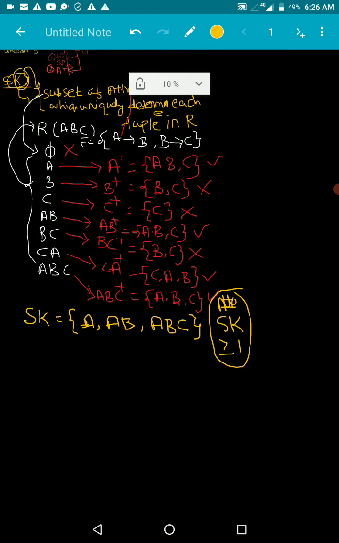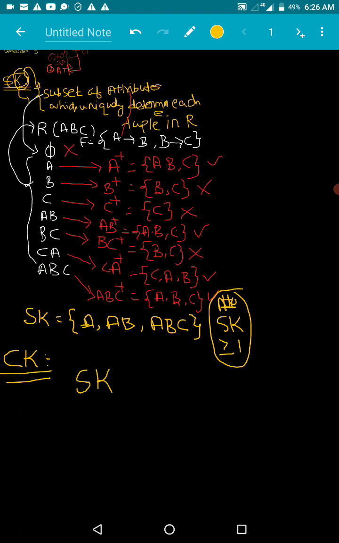Now we are moving to the candidate key. A candidate key is a super key whose attributes are minimal. Sir, what is meant by minimal?